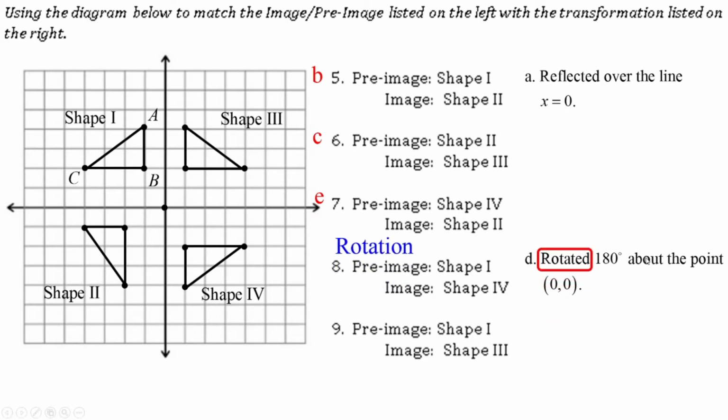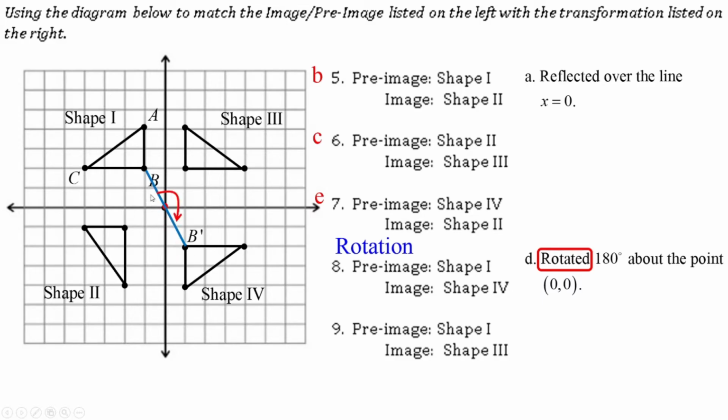Okay, we're rotating about the point 0, 0, and we're rotating 180 degrees. So let's go ahead and put this segment right here. And I went down 2 and over 1 and down 2 and over 1 again. That looks really good to me. So 180 degrees, it doesn't matter if we go counterclockwise or clockwise here.